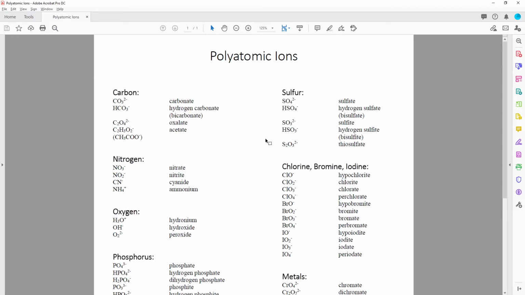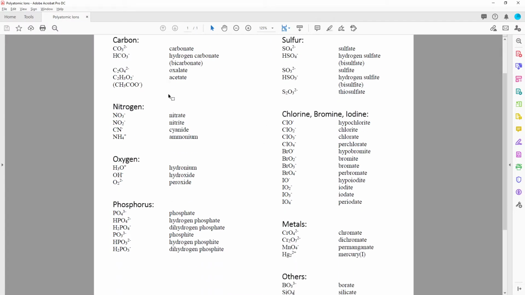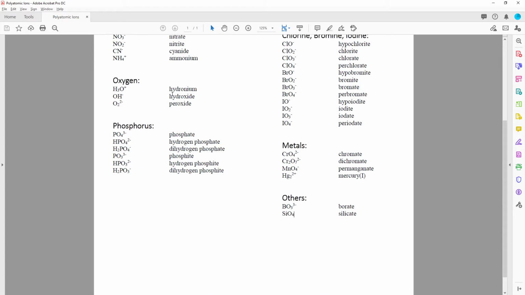So here is the polyatomic ions, and they're arranged by element. And what I want you to do is go through and memorize them. I was looking at this earlier, and all of these look fine except for silicate. Silicate is supposed to be SiO4 4-. For some reason, it's missing that 4- charge on there. Hopefully, future students will have the fixed version of this on eCampus.